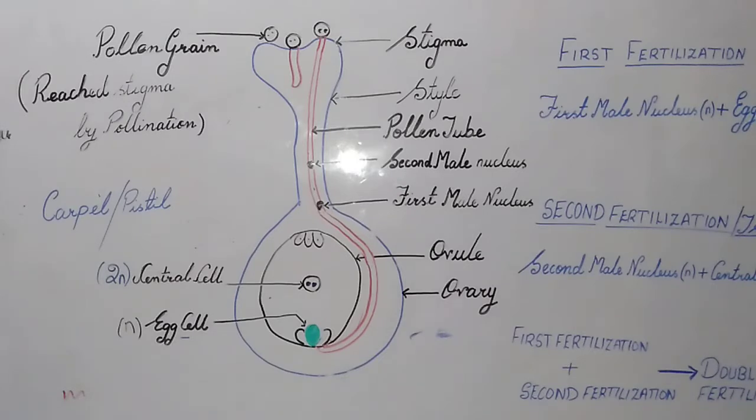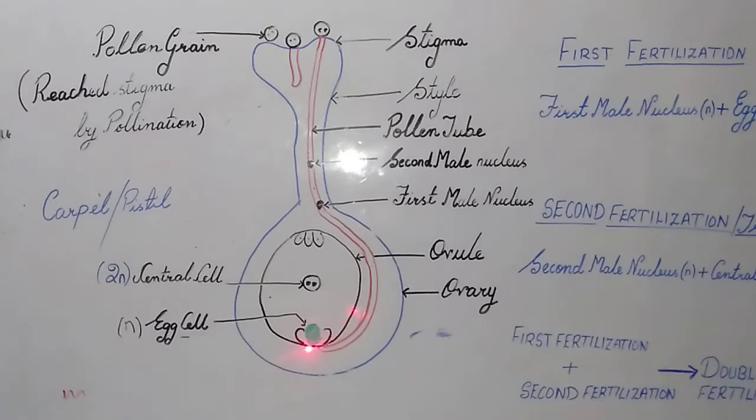Gametes are those cells that are involved in the process of reproduction. Like in humans, the male gamete is sperm and the female gamete is ovum. Similarly in plants, the female gamete is the egg cell, this one in green, and the male gamete is the pollen grain.